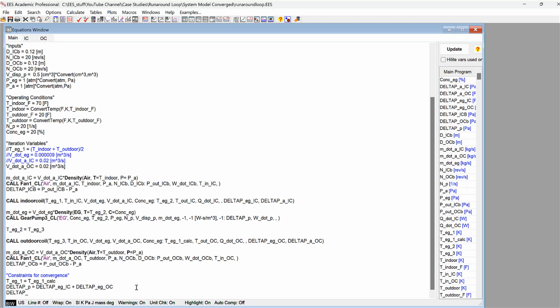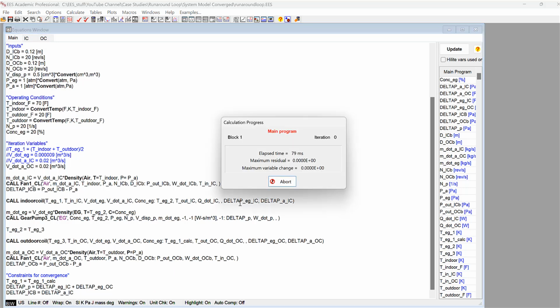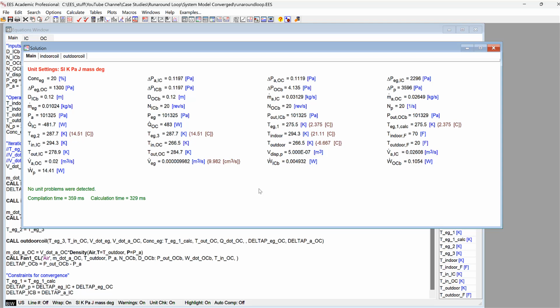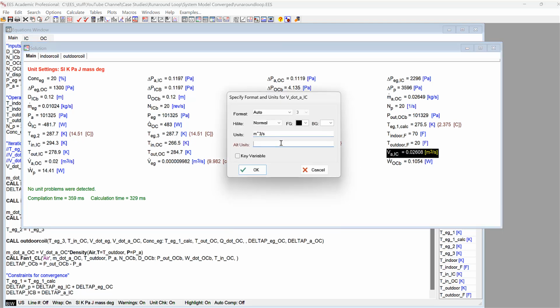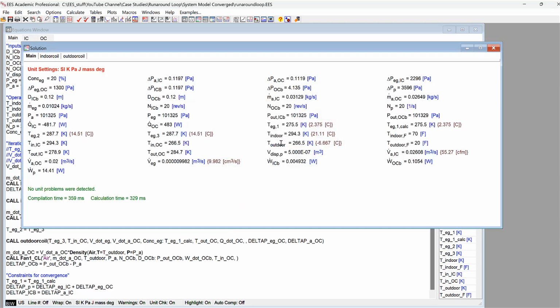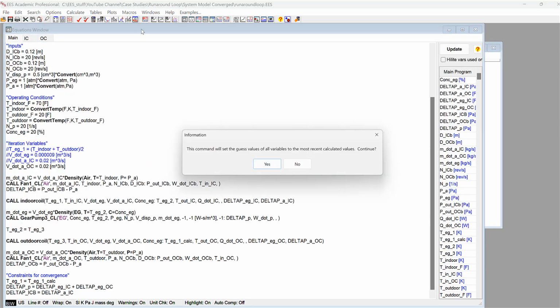So this is delta P, I called it ICB. This is the fan pressure rise, has to be exactly equal to delta P AIC. This is the indoor air coil pressure drop. And if I solve, you can see that it converges nicely to, where am I at here? This is, maybe I put this into CFM. This is 55 CFM. So I'm almost done.